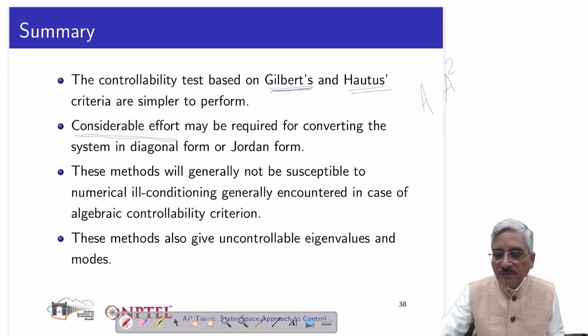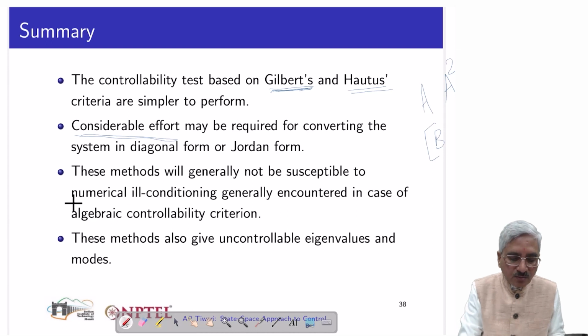A cube will have even larger order than A square and so on. So the controllability matrix B, AB, A square B, when you solve some examples, you will see that it successively results in very large numbers, or in case the elements were small, then very small numbers.